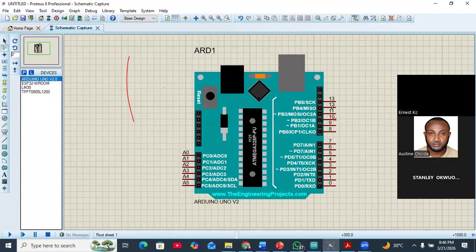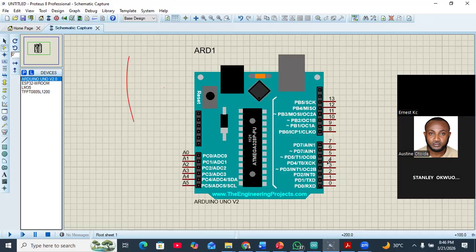We have D0 to D13. These are digital pins, which can function as either input pins or output pins, depending on how you configure them. You can use them to drive a load, drive a robot, drive an actuator.